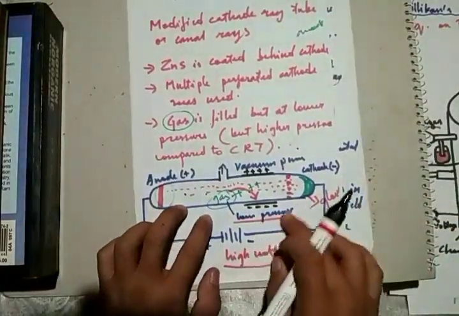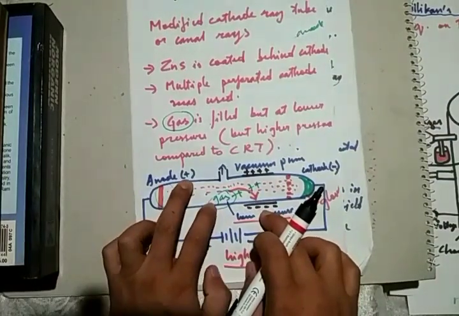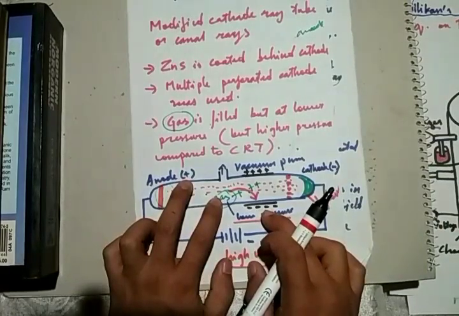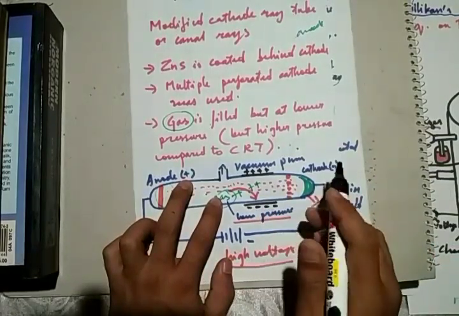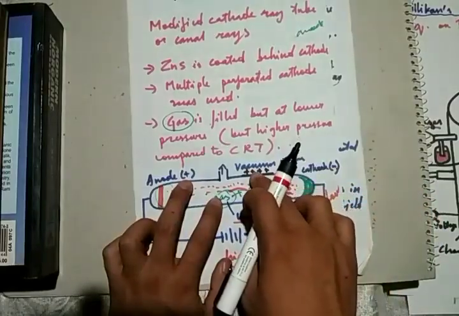As we can see, they deflect toward the negative charge, showing that they are positive in nature. As for cathode rays or electrons, since they are negative, they deflect toward the positive charge.